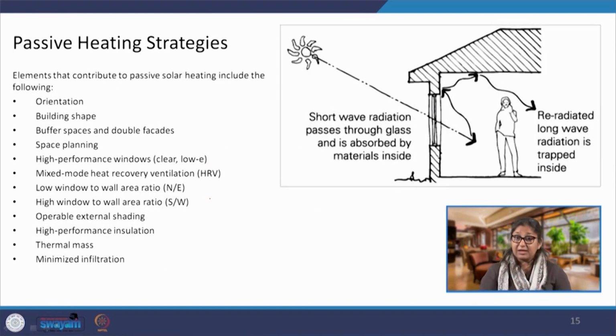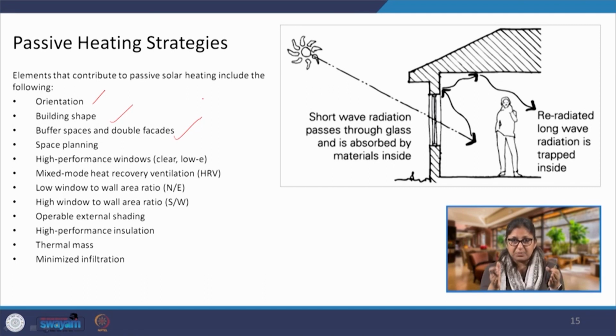Then we have strategies which are for heating. For example, some remain common: orientation, building shape. Then we have buffer spaces and double facades when we are talking about heating strategies, that is, in cold countries. That is where you will see the traditional buildings in cold climates, they have a surrounding veranda all around.